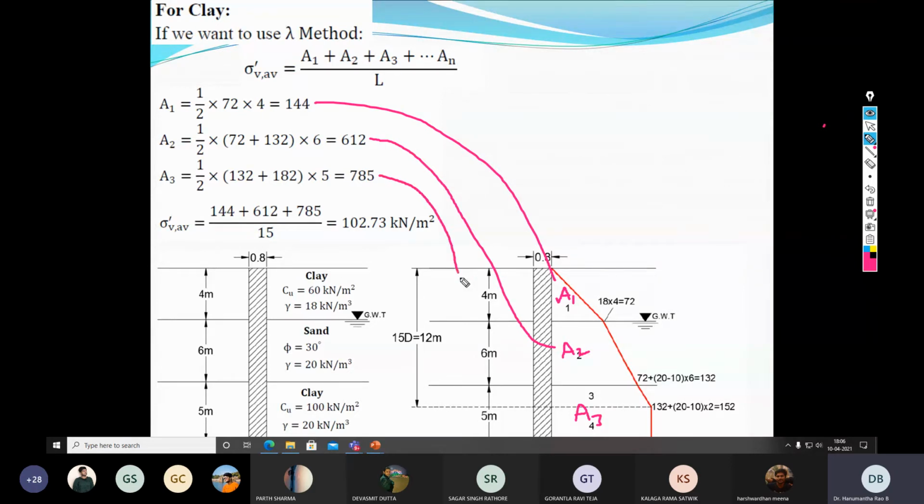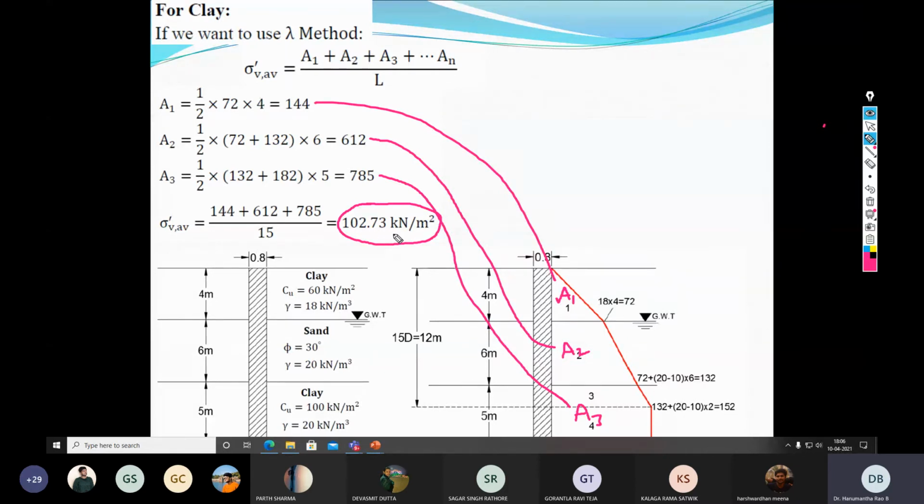So that is A3. Then the mean effective stress is nothing but A1 plus A2 plus A3 by the total length L. So what you get is the mean effective vertical stress as 102.73 kilonewton per square meter.